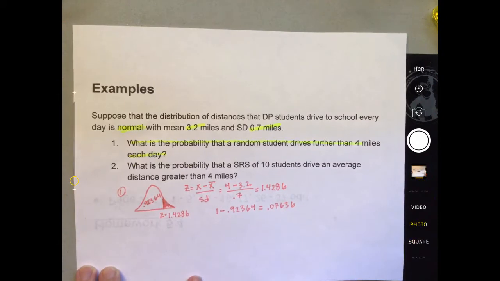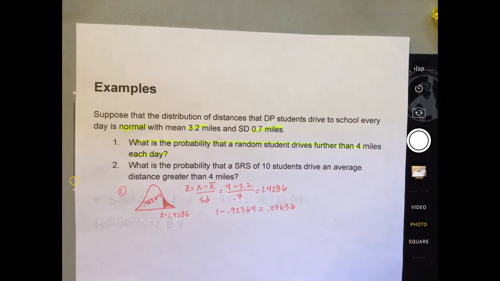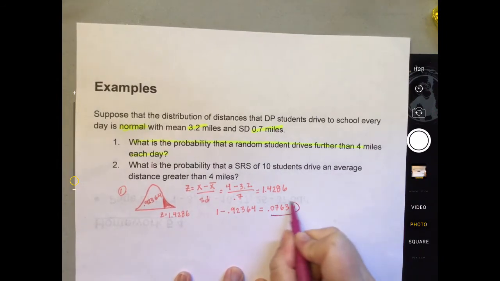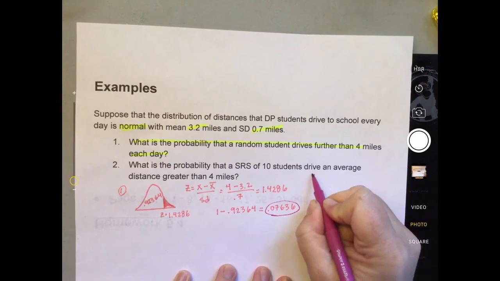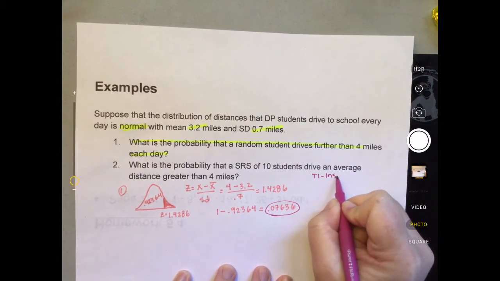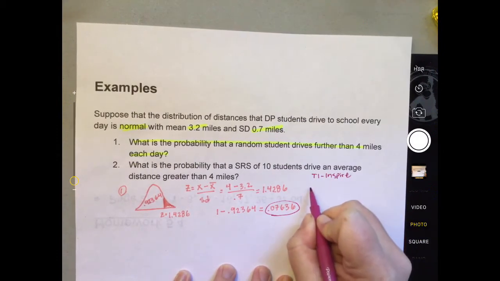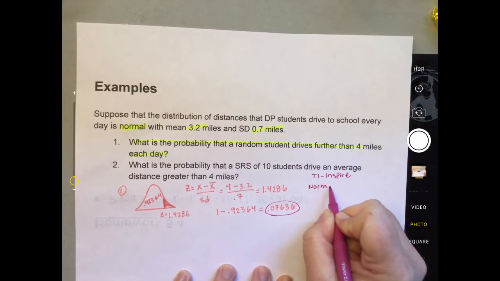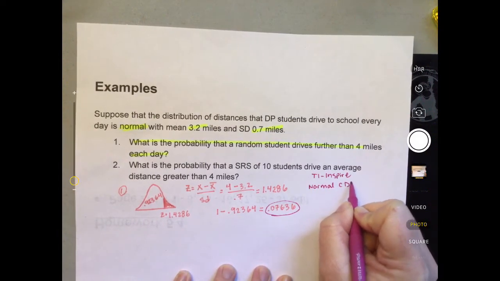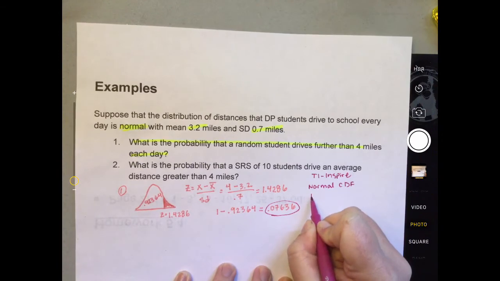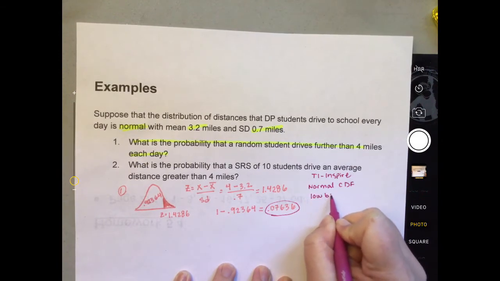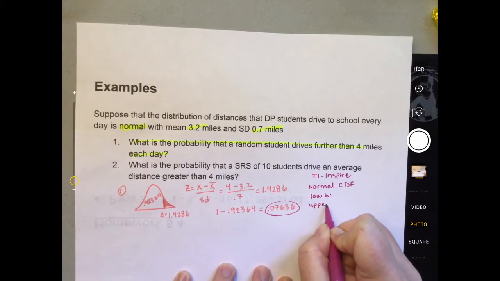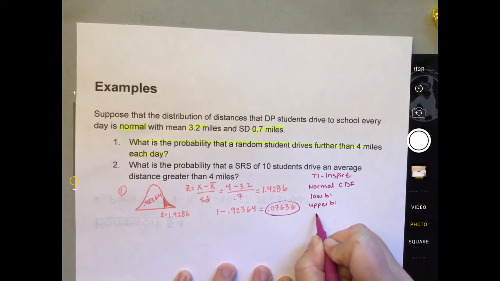0.07636. Again, remember, if you don't want to use your table, you could use normal CDF here in order to find this number. Okay, so on your TI Inspire, you're going to use the normal CDF. It's under distributions. It always asks you 4 things: the lower bound, upper bound, mu, and sigma.